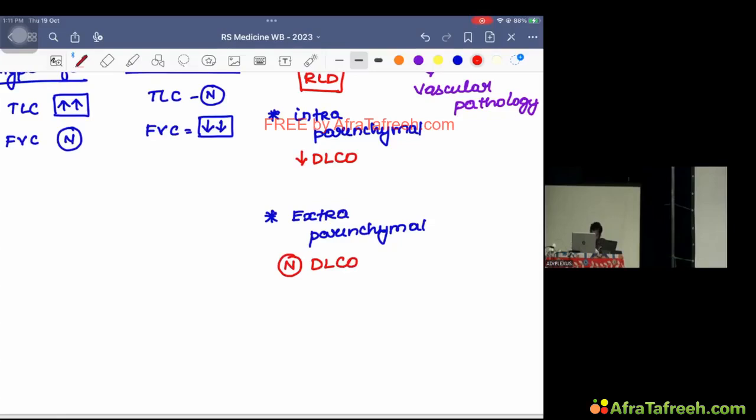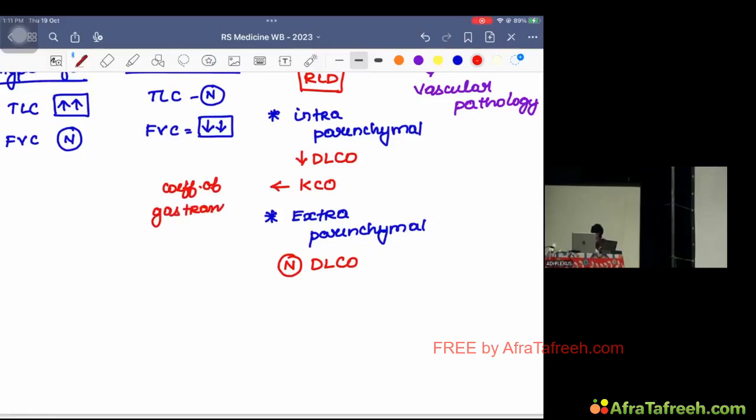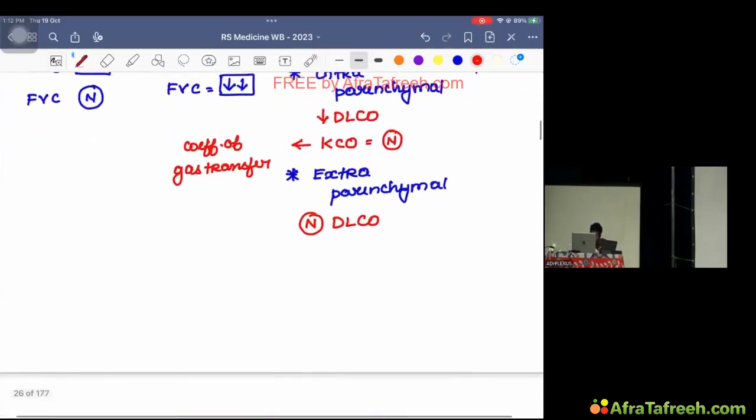The second is a terminology commonly used in USMLE questions, called KCO, the coefficient of gas transfer. This KCO is normal in intraparenchymal and increased in extraparenchymal.